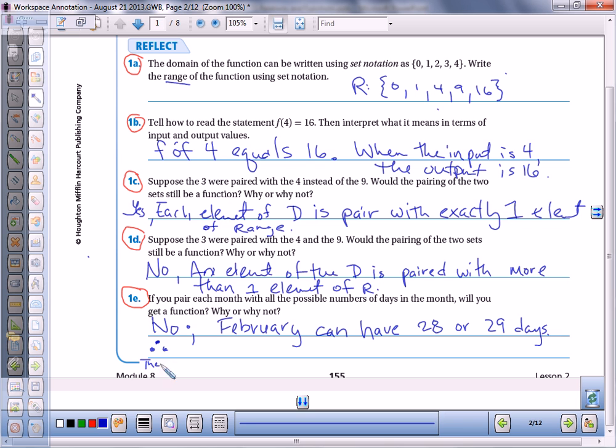Therefore, it is not a function, because one input is paired with 2 outputs, more than one output.